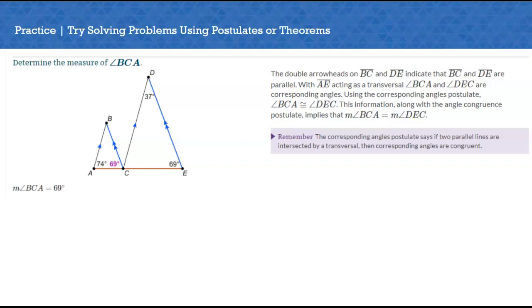With AE acting as the transversal, we see that angle BCA is congruent to angle DEC using the corresponding angle postulate. Therefore, the measure of angle BCA is equal to 69.